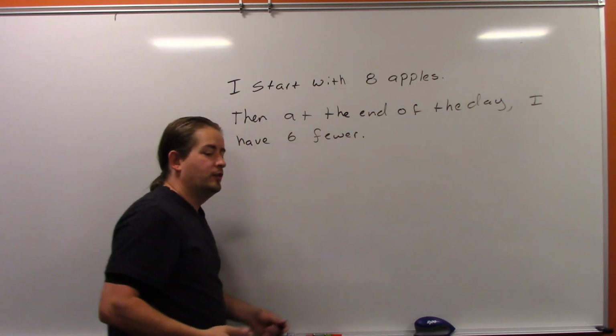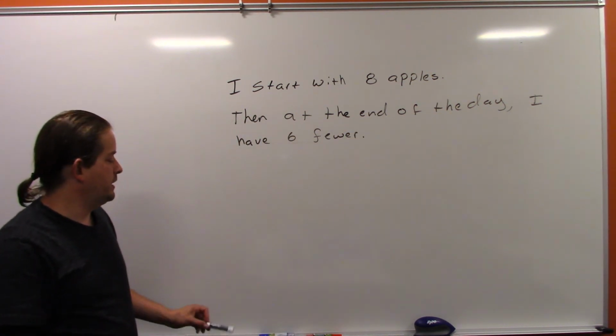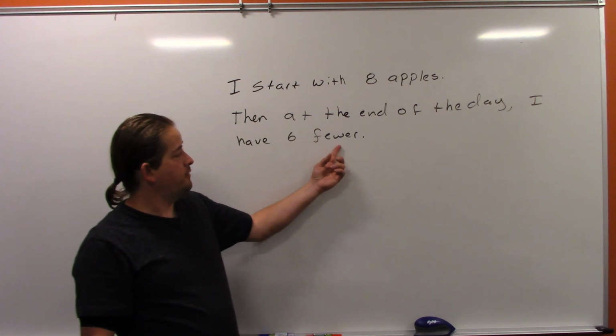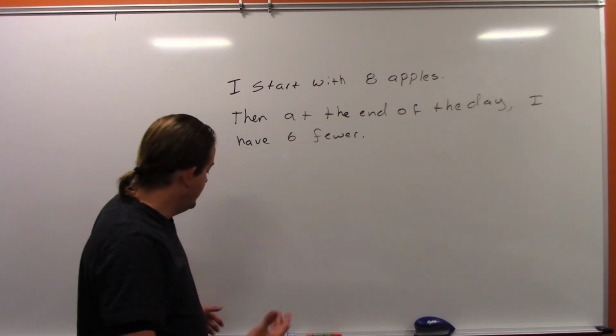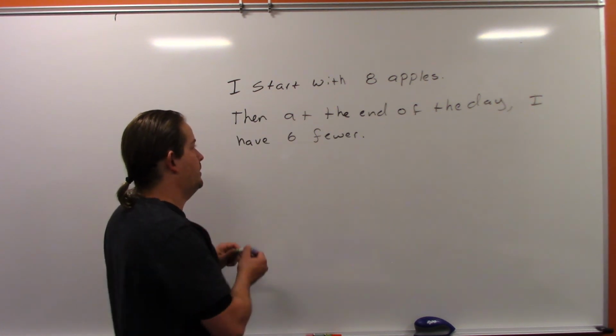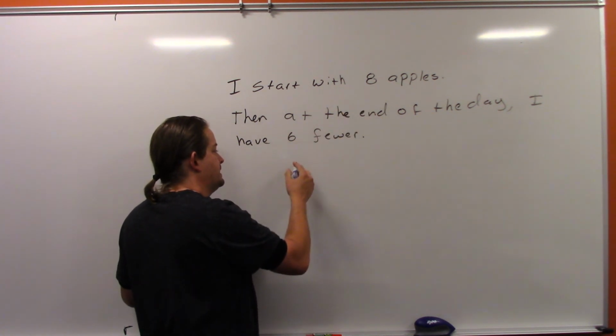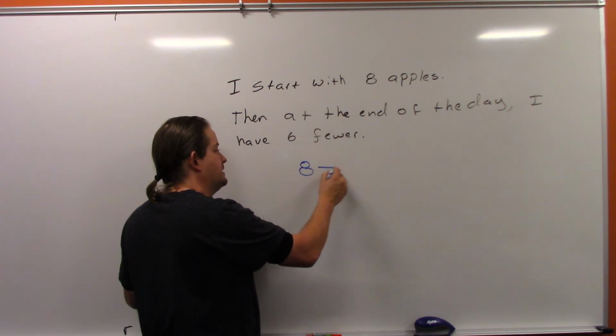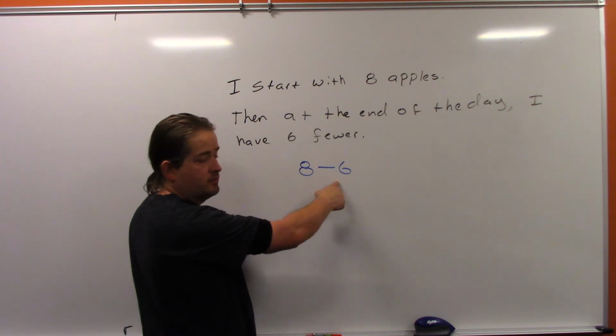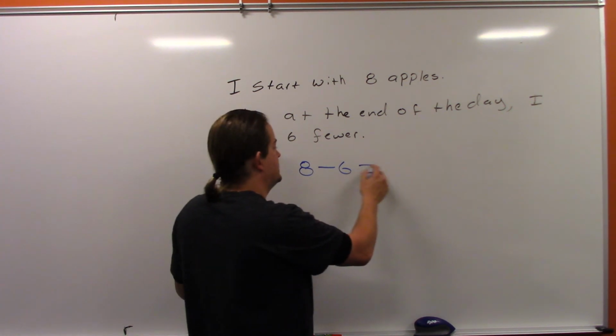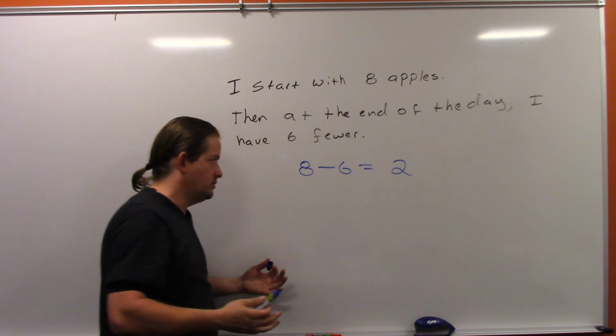Right? The math problem associated with this is subtraction, because I have fewer apples than I started with. How many apples do I have? Well, the problem is then 8 minus 6. I started with 8, I have 6 fewer, so I'm down 6, I lose 6, I subtract 6, and I end up with my 2 apples.